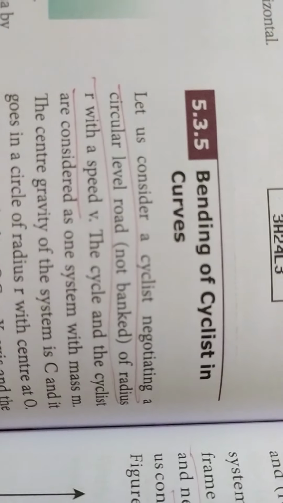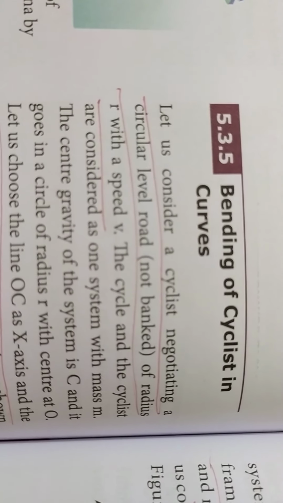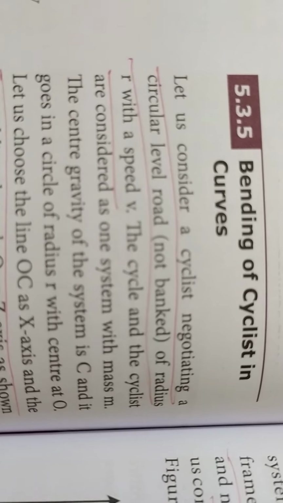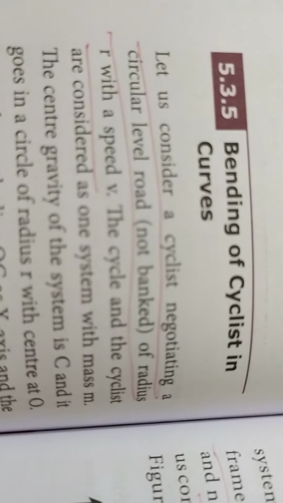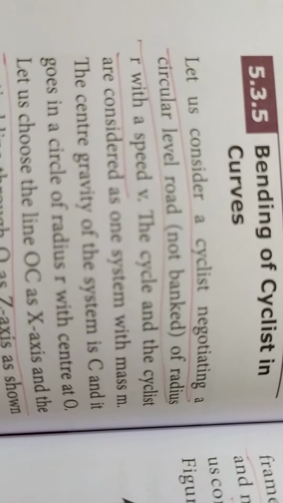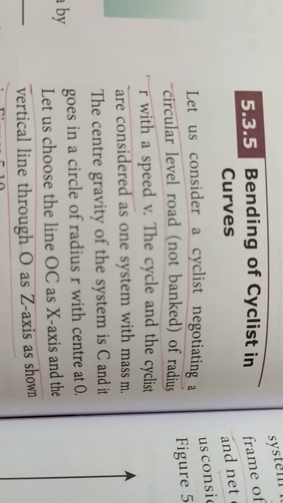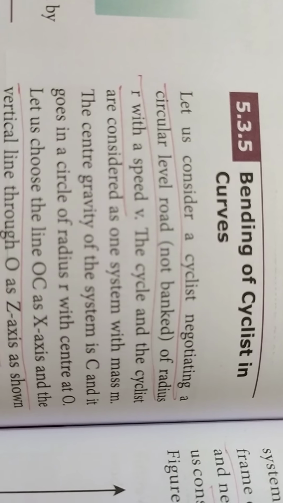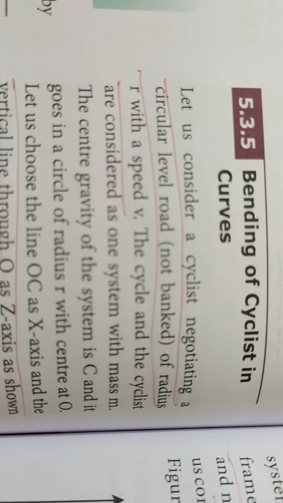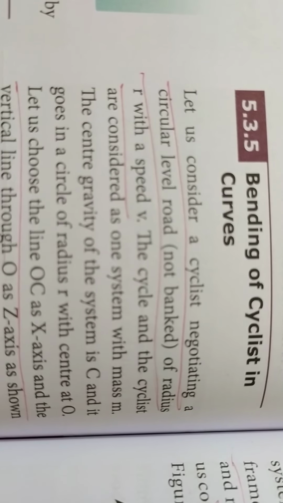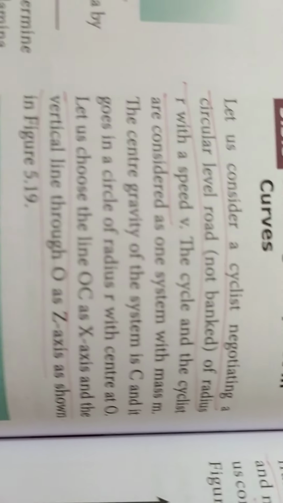And next we are going to see about bending of a cyclist in curves. Suppose a cyclist negotiates a circular level road which is not banked. In the previous part we studied banking of curved tracks, that means raising the outer edge of the road is called banking. Here the road is not banked, and it is a circular path of radius r, and the cyclist is moving at speed v.